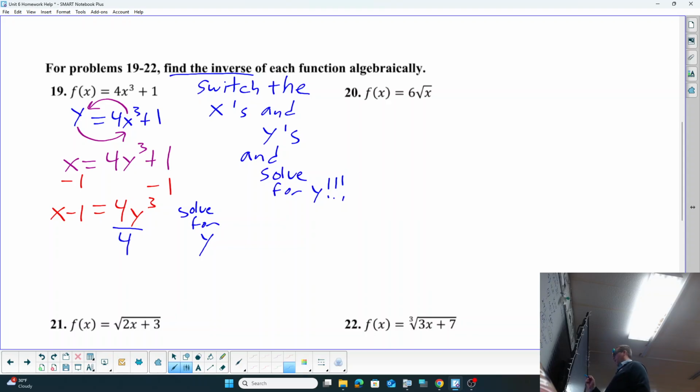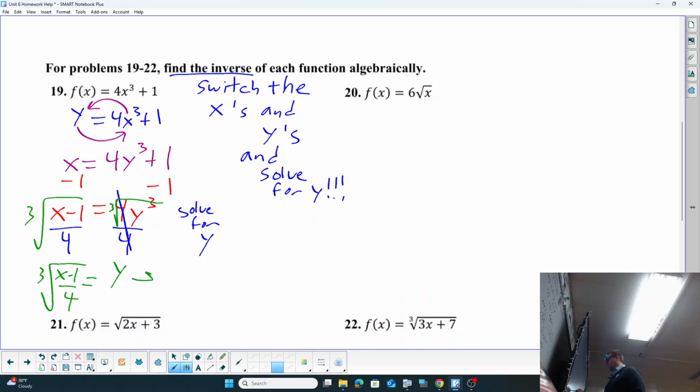So now we solve for y by dividing by 4. Then we just have to take the third root. If you take the third root of one side, you have to take the third root of the other side. So now we have y equals the third root of x minus 1 over 4.